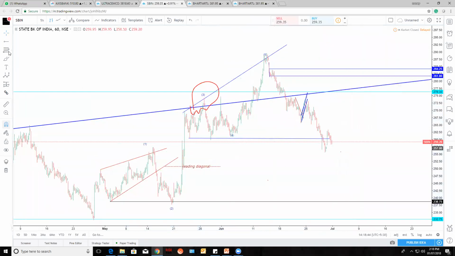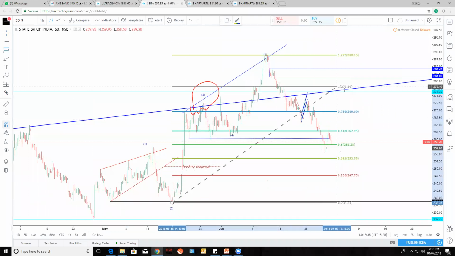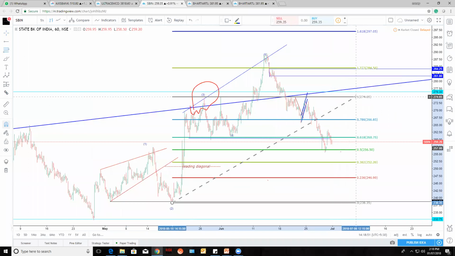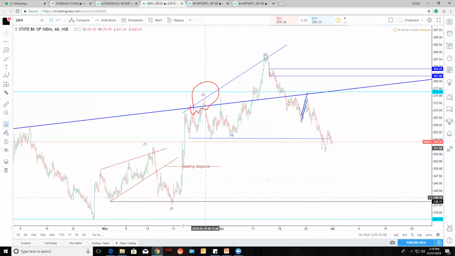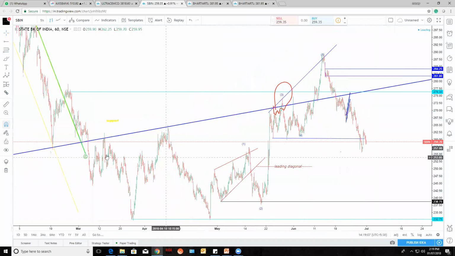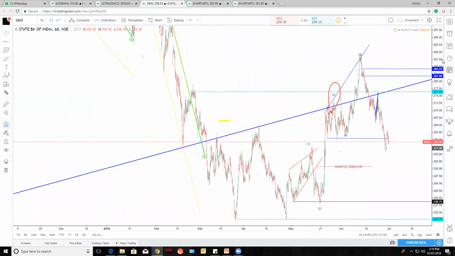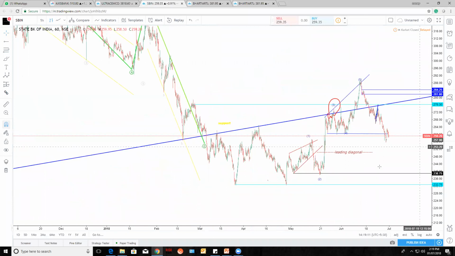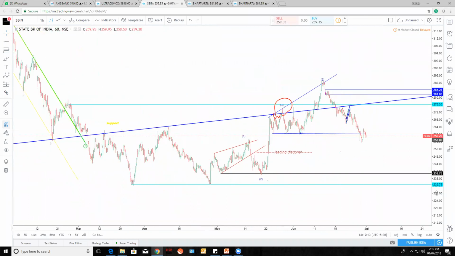Or if you are counting only the third wave, it will go to 1.272%, or sometimes it will go for 161% also from there. At least you are able to see the waves clearly here, right? Leading diagonal, after this, after that, and it moved brilliantly. This part I'm talking about.